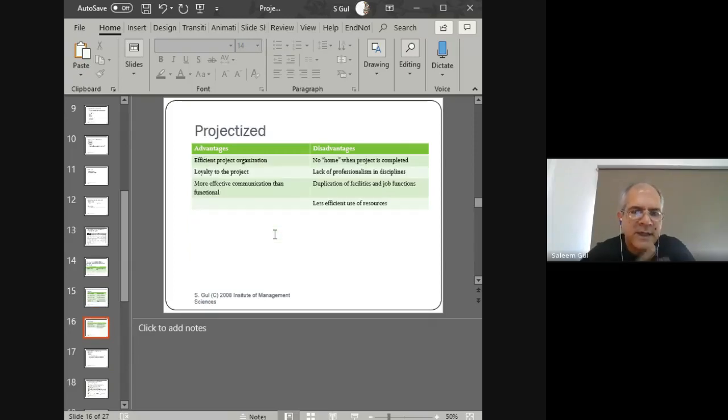And then in the projectized structure, what happens is that you've got more efficiency because every person is allocated to a separate project. Each person is loyal to their own project. There's more effective communication taking place because people don't have many other things to do. They're concentrated upon the project activities. But there's this issue called a no-home problem, which means that the people working on the project will not have a home once the project comes to a conclusion.